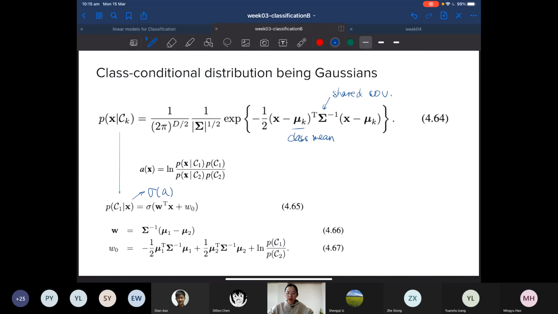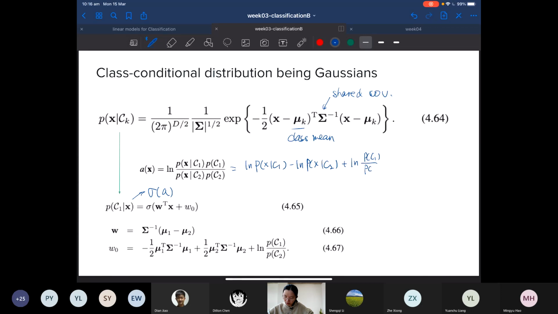We know the data likelihood is the term above, and A is done by taking the log of this. So A is essentially log of P of X given C1 minus log of P of X given C2, plus the log of the ratio of the two priors.